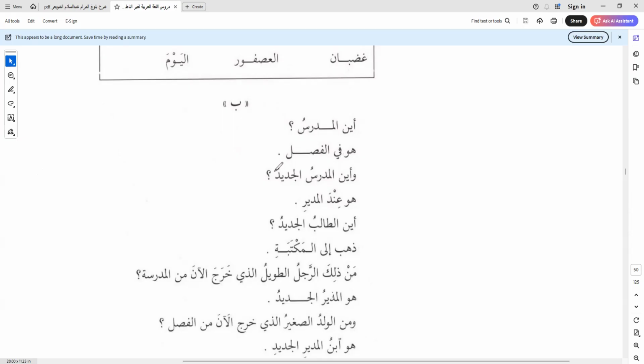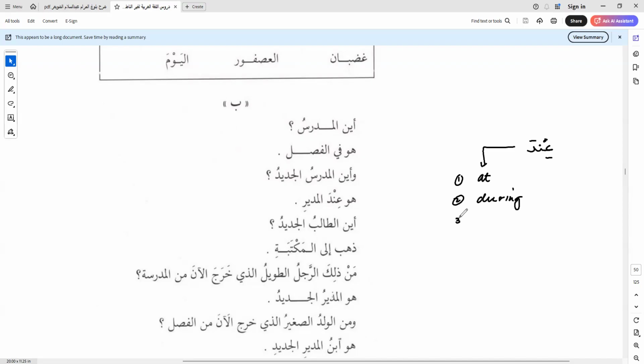So المدرس الجديد هو عند المدير. عند is also a preposition. It can mean at. It can also mean during. Right?